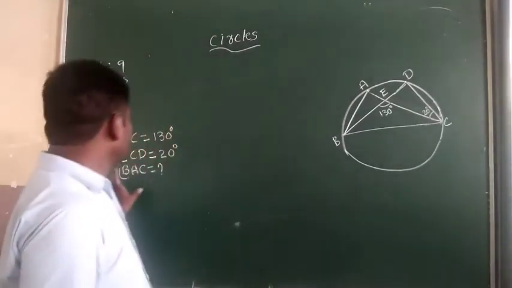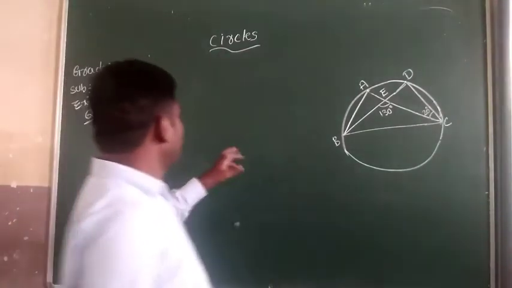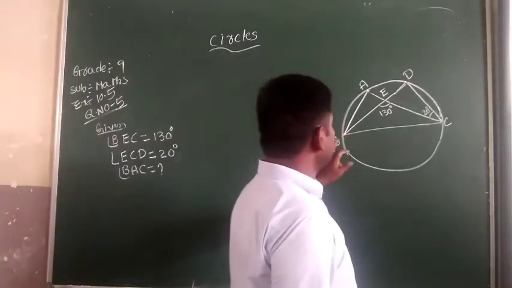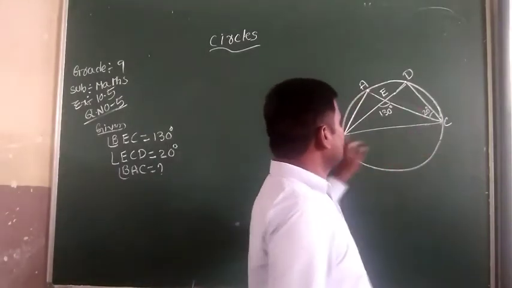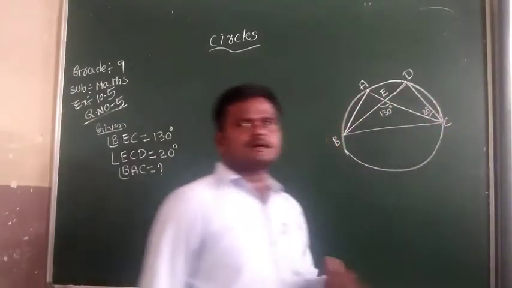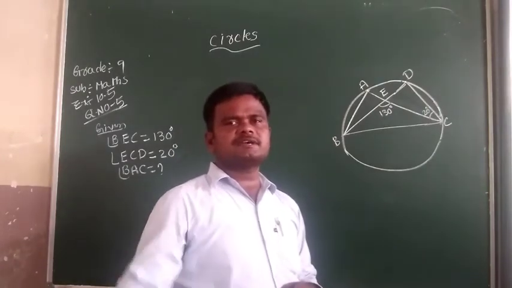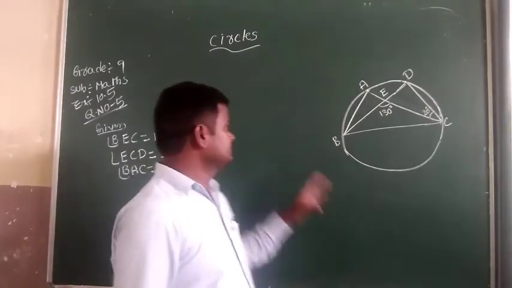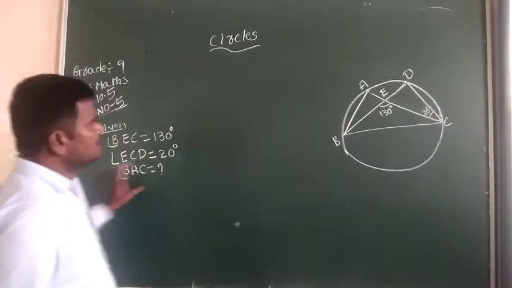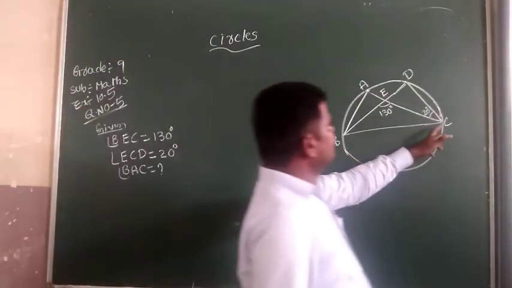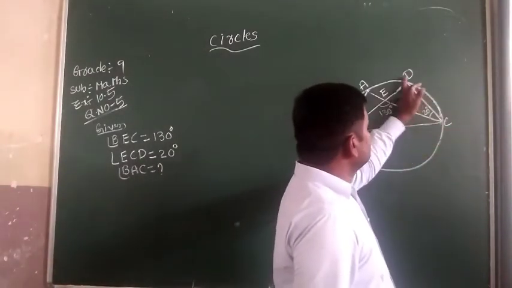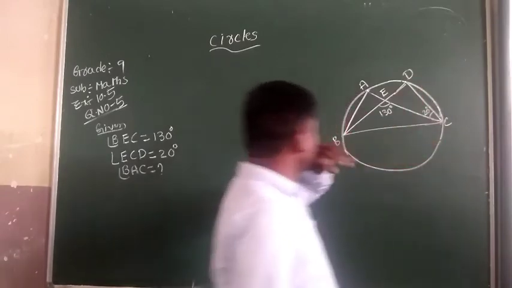So how to find? This angle BAC. Observe here, angle BAC and BDC both are angles in the same segment of a circle. So come to triangle CDE.